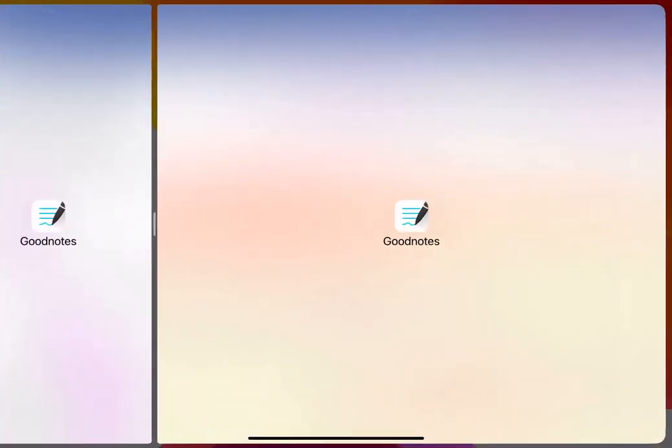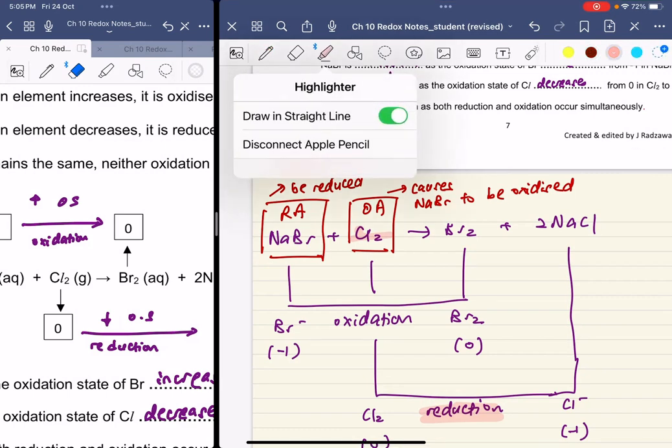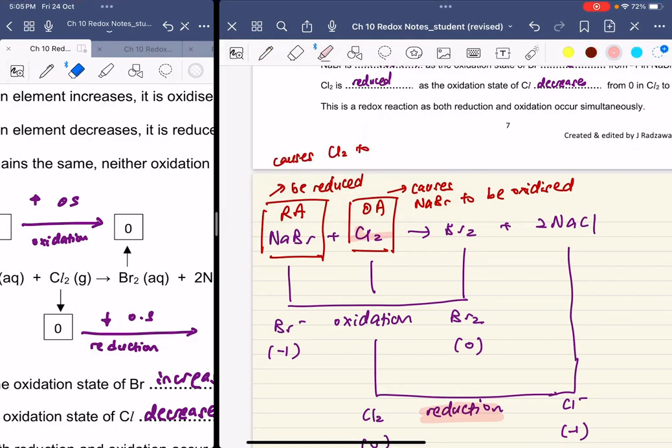I would like you to take a look at this whole thing again. Sodium bromide is oxidized.